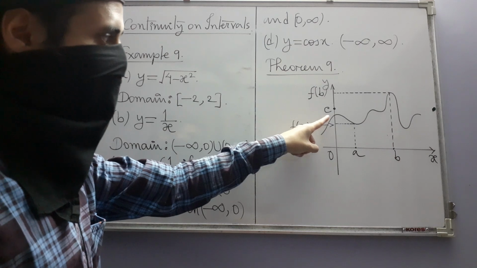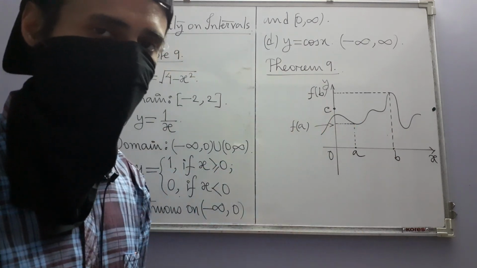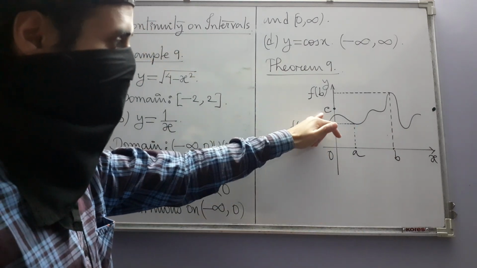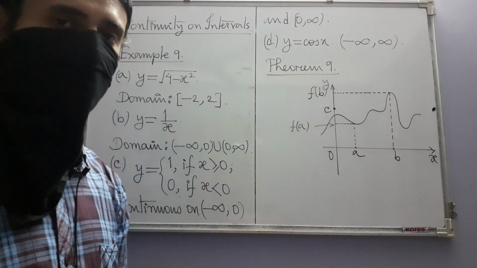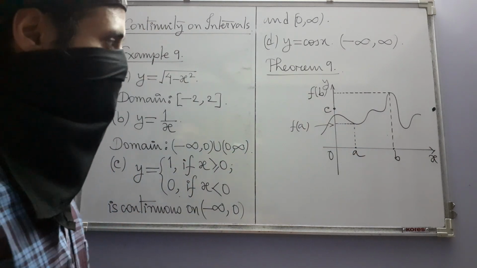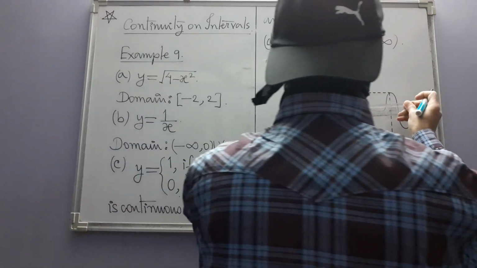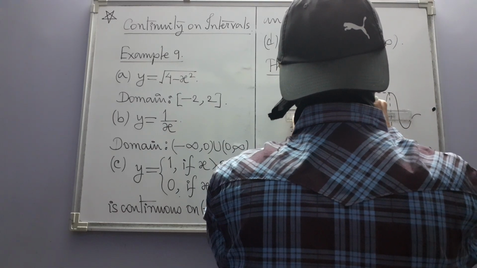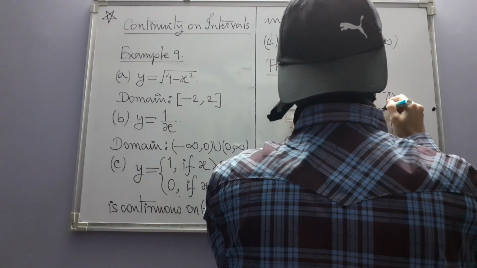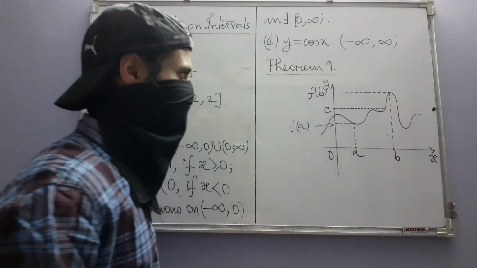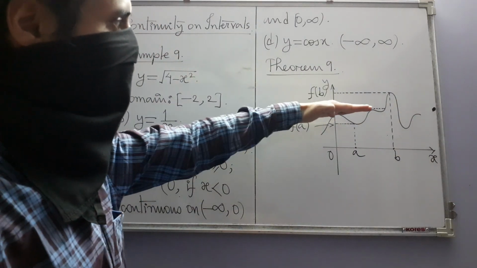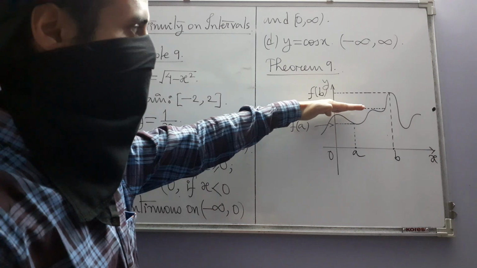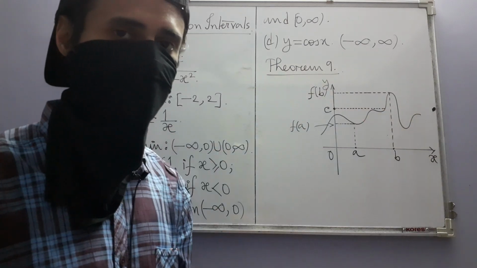The question is, is C the output for some input? And the answer is yes. In this situation, we can see geometrically what that is. If you draw a horizontal line passing through C, then that line will intersect this curve.